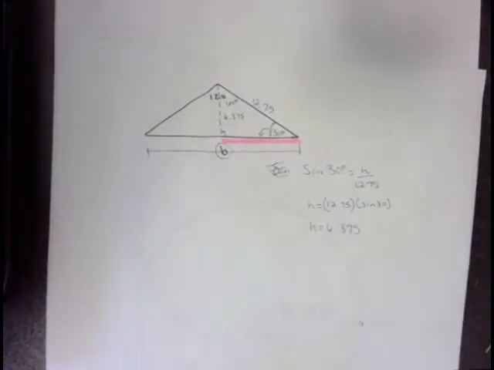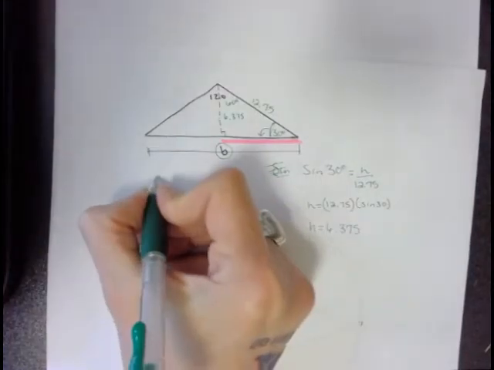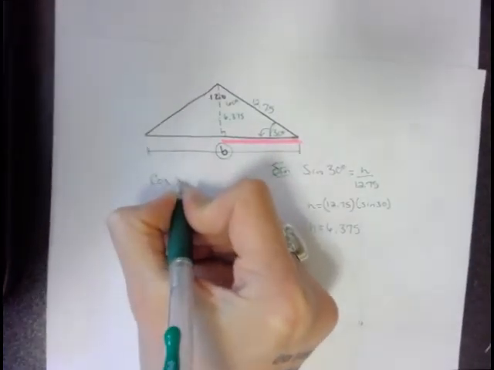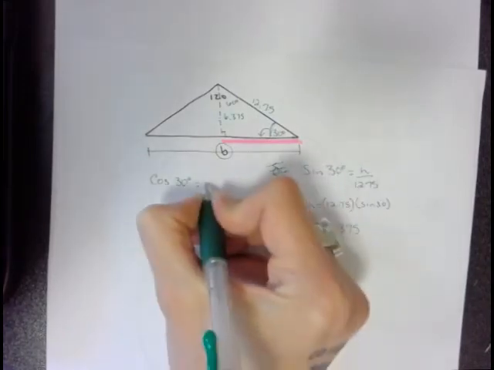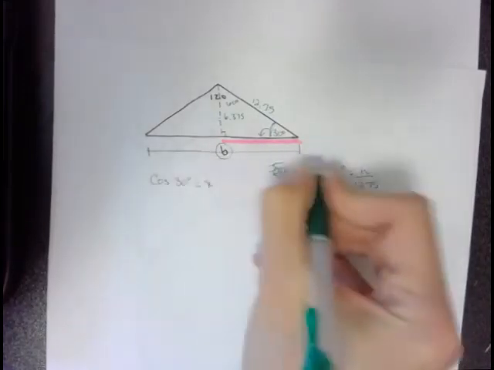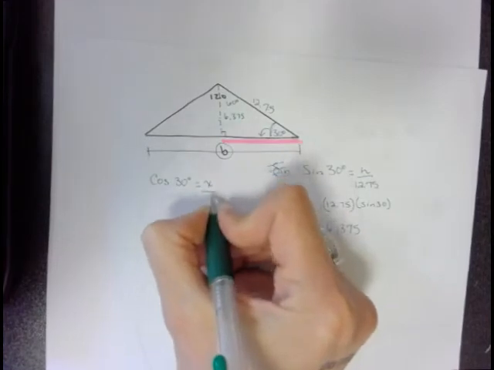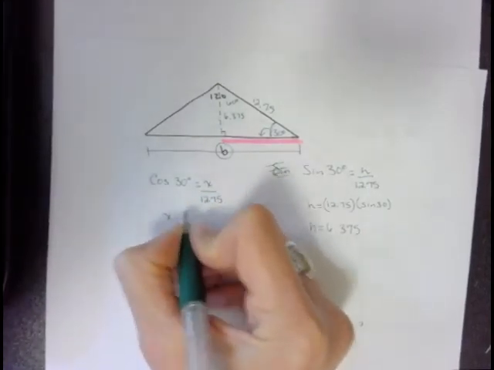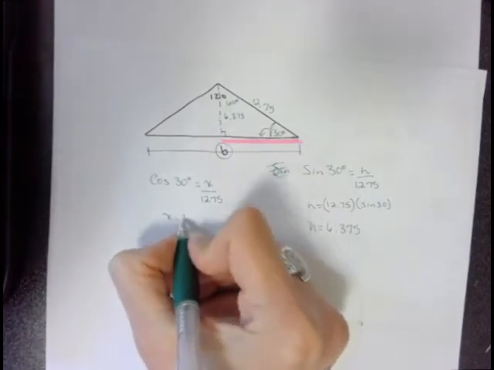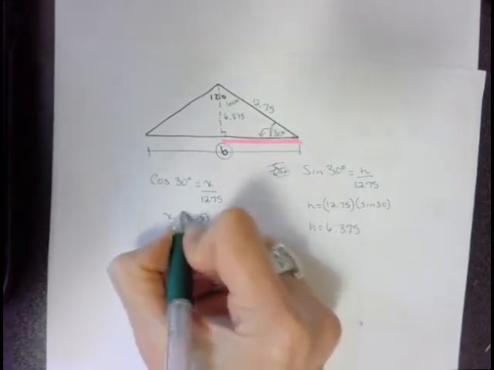So I'm going to say the cosine of 30 degrees equals, let's call it x because we don't know what it is, over 12.75.